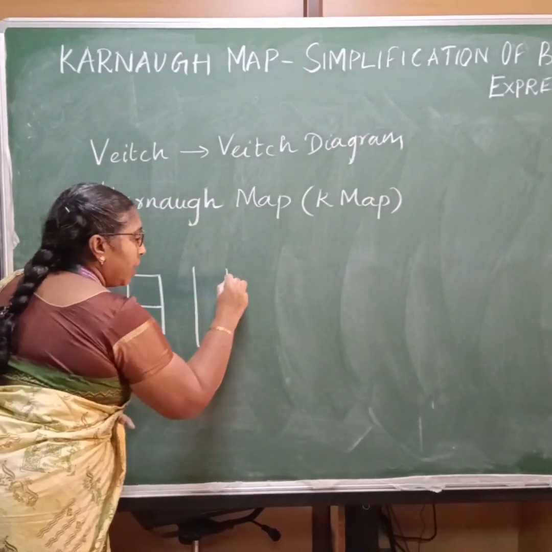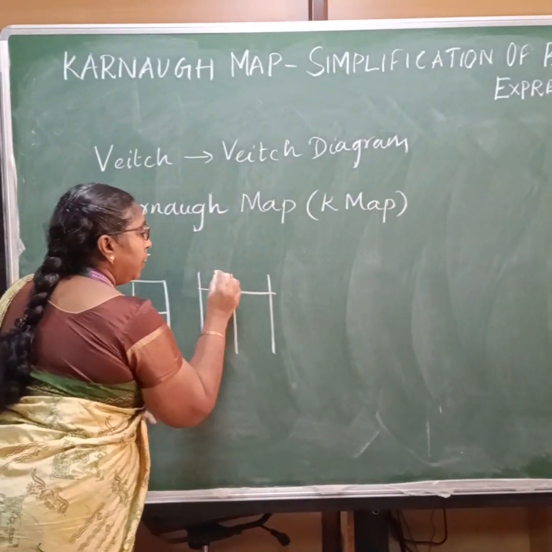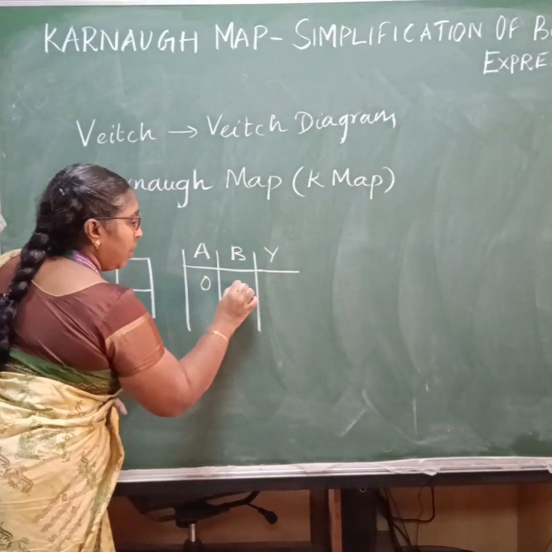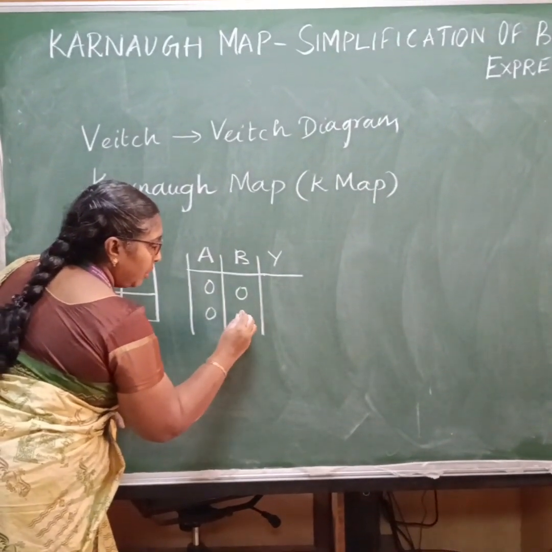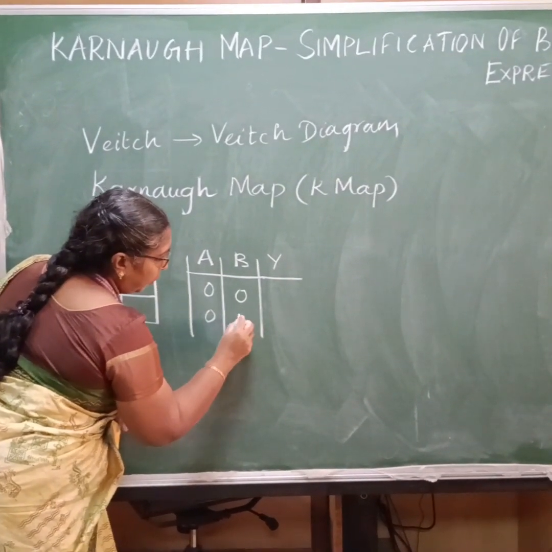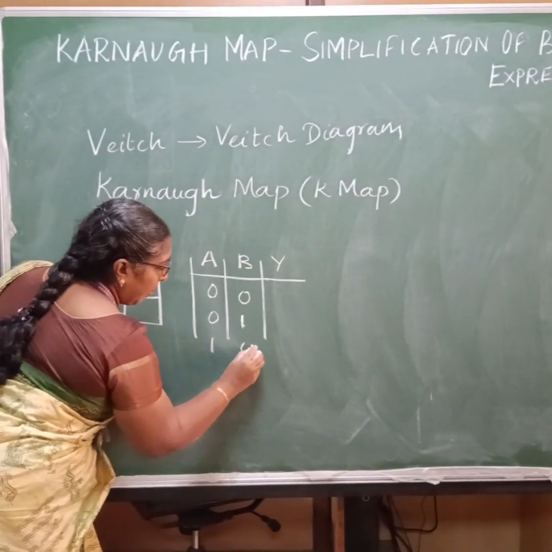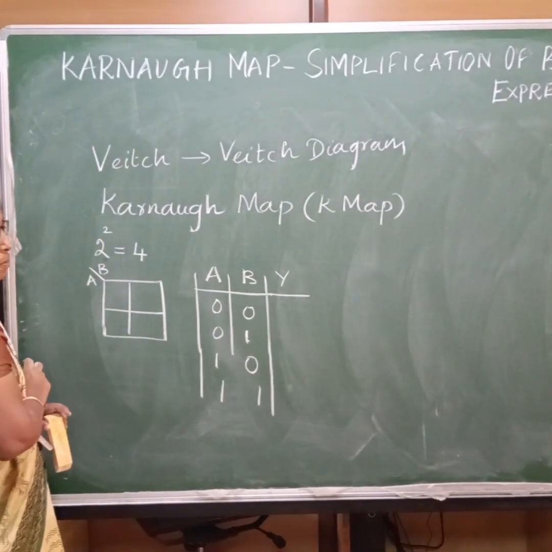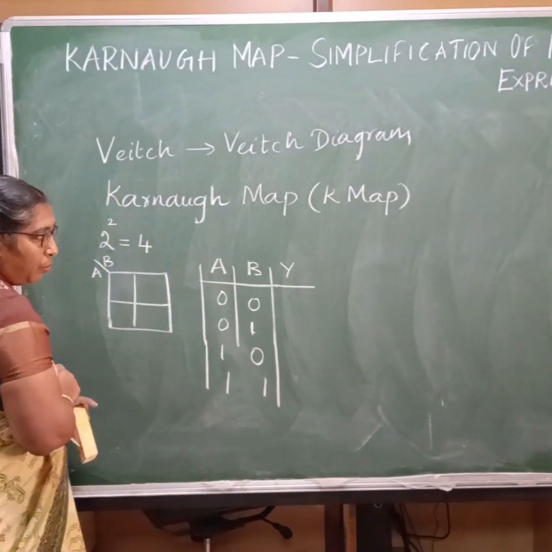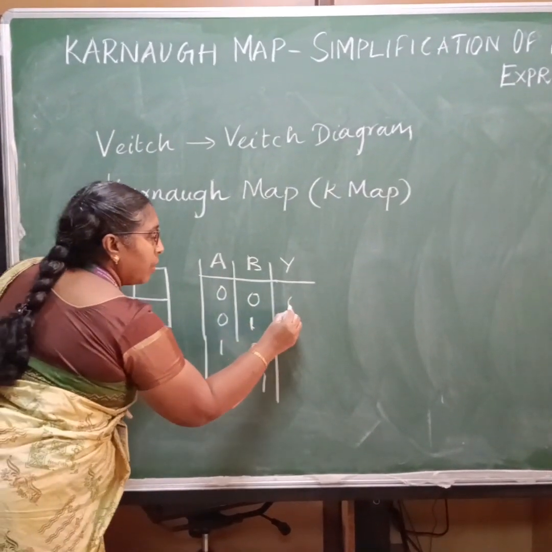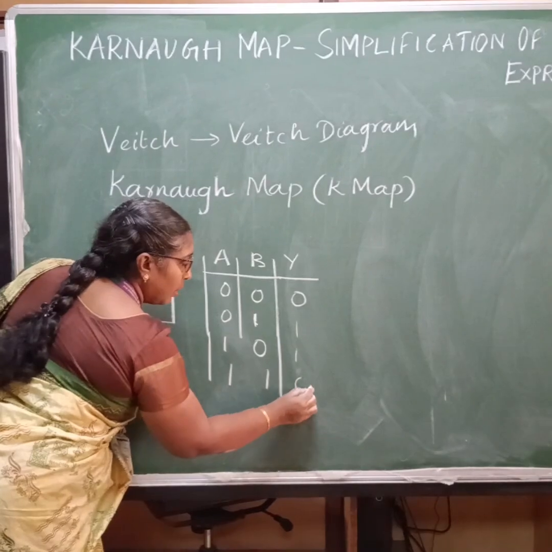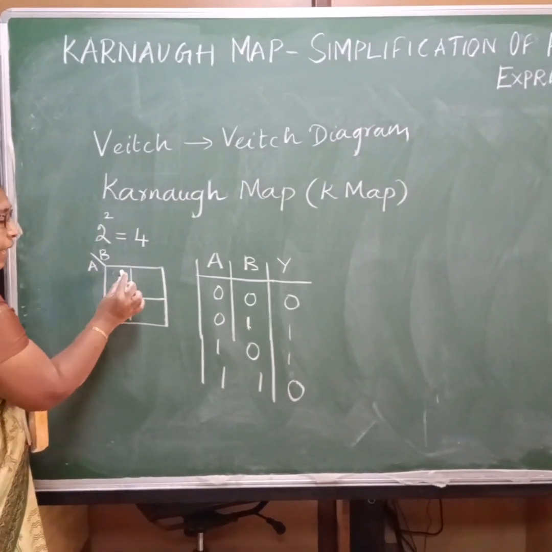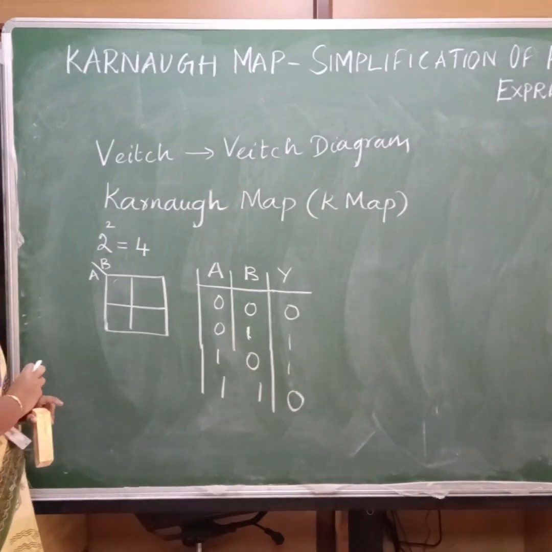Let us consider a two variable logical function represented by a truth table with outputs 0, 1, 1, 0. Each box is called a cell, and each cell is the representation of a product term.